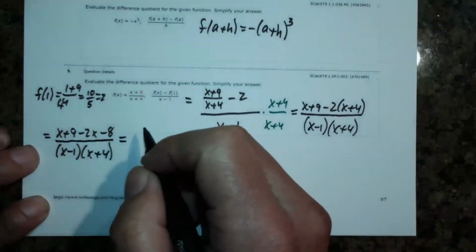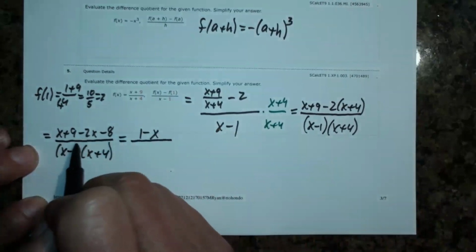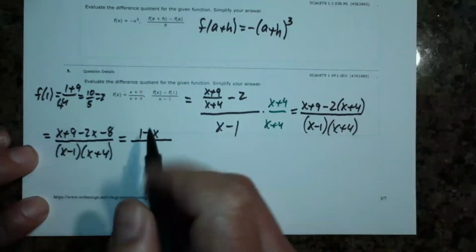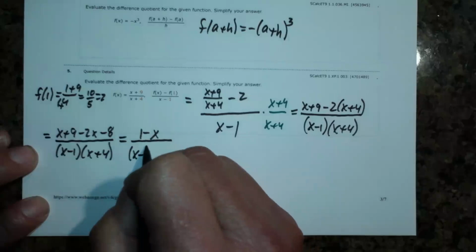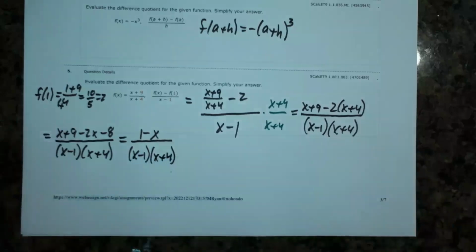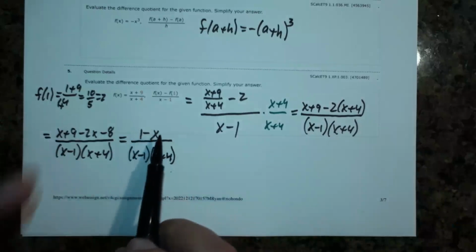And combining my like terms, I'm going to end up with 1 minus x. Right? 9 minus 8 is 1. x minus 2x is just negative x. And I'm not quite done. I'm going to notice that if I factor a negative 1 out of that, that'll switch these.